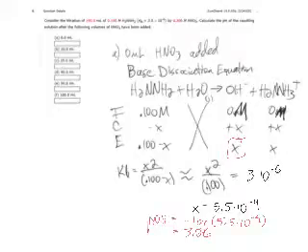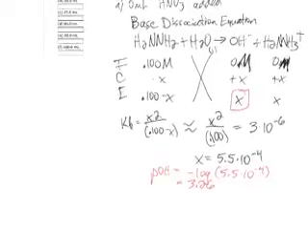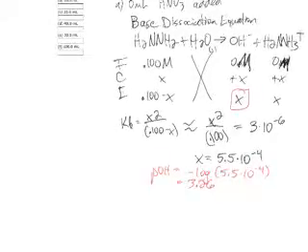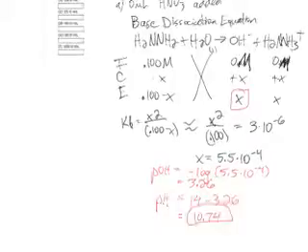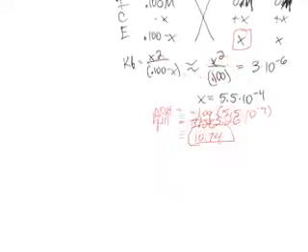Since they're asking for pH and not pOH, we'll just subtract from 14. And it works out to be 10.74. Okay, we've got the answer to part A. That one wasn't too hard, or not intended to be too hard, or at least I'd say it's not the new part.